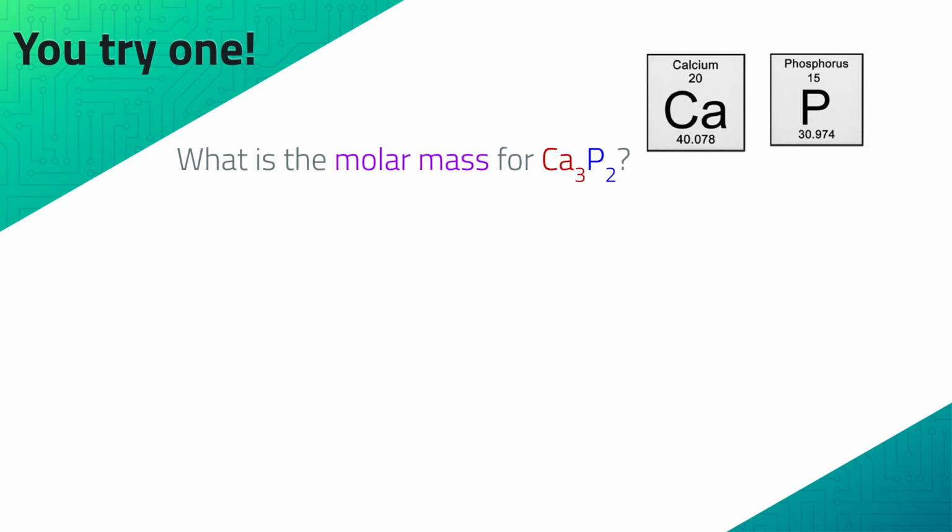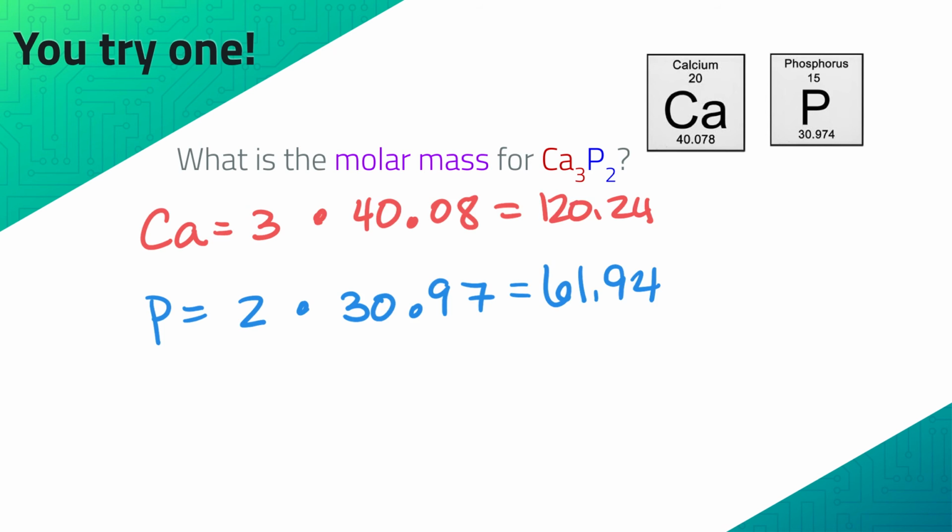Now you try. What is the molar mass for Ca3P2? To calculate this, we need to count our number of atoms. There are 3 calcium and 2 phosphorus atoms.